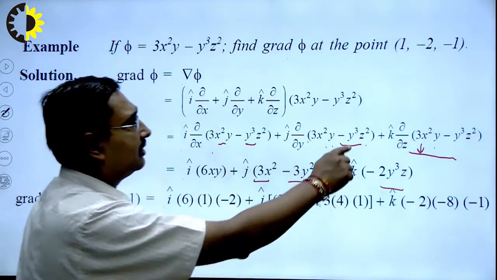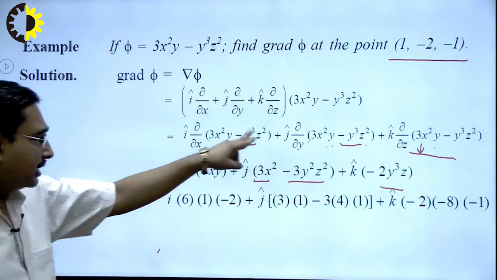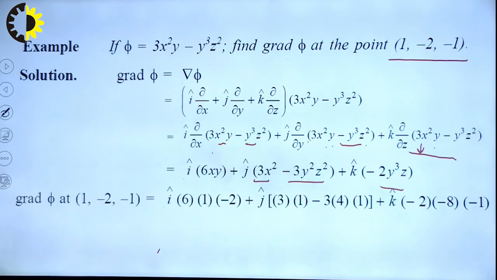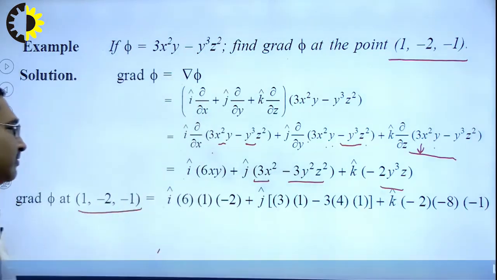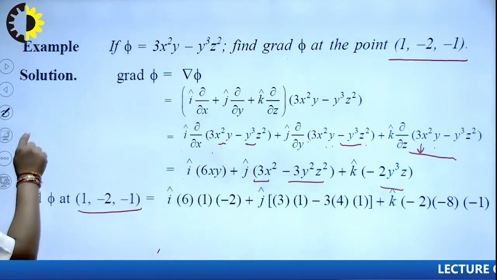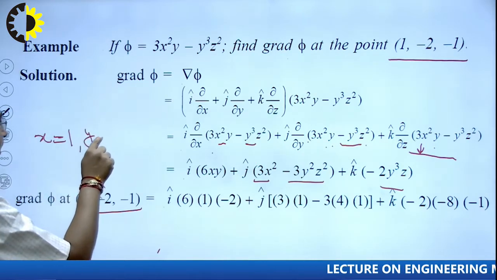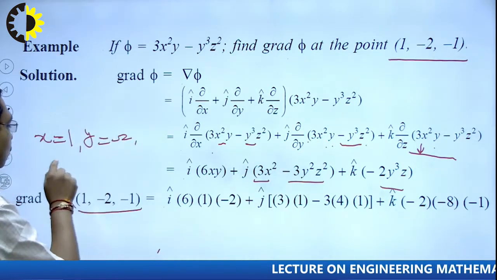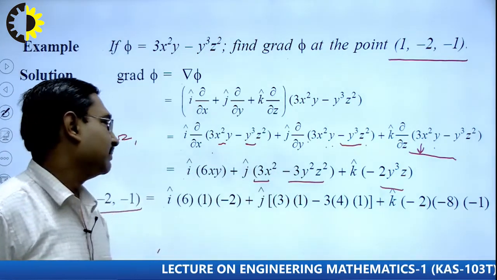I am interested in finding grad phi at this point. Therefore, this value will be simplified by substituting the given point. Given point is (1, -2, -1) and therefore I shall replace x by 1, y by -2 and z by -1 in this expression.